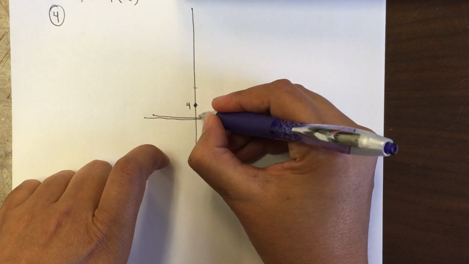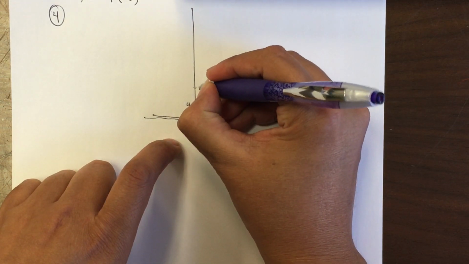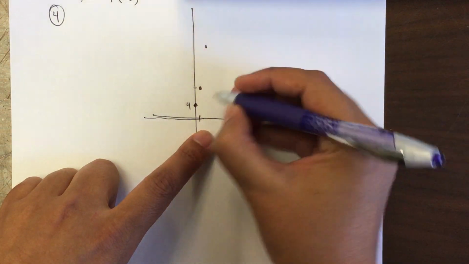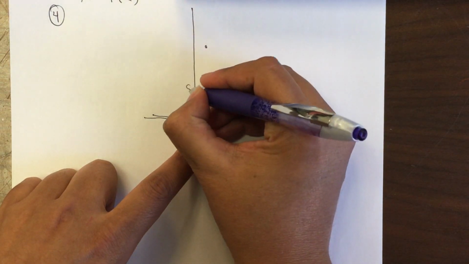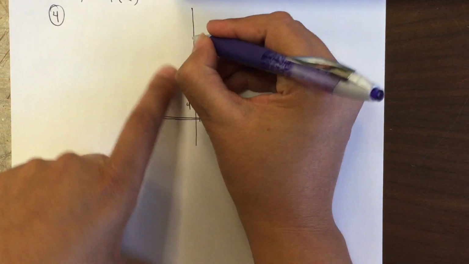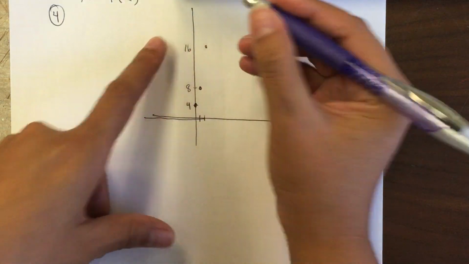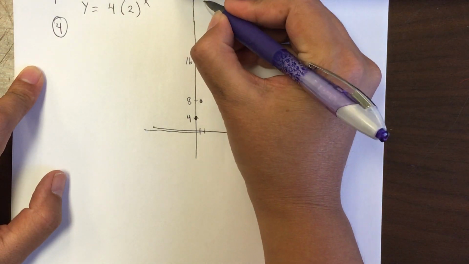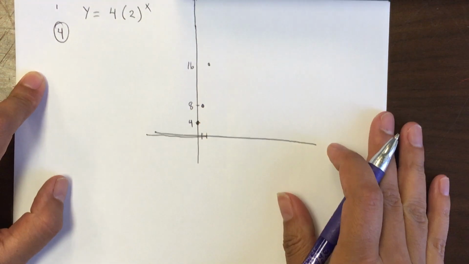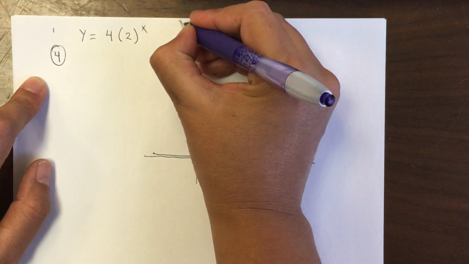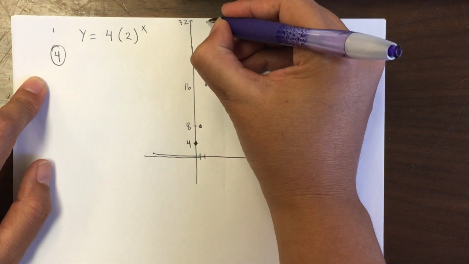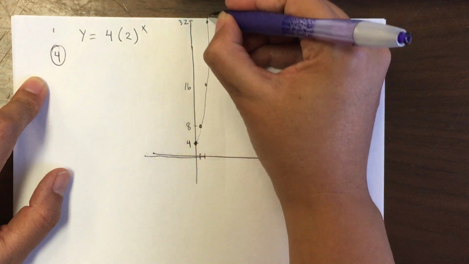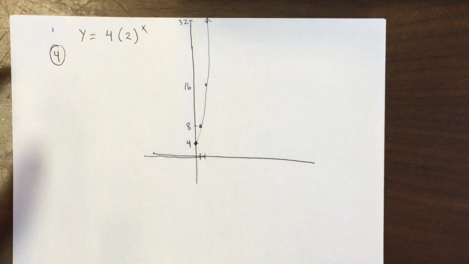It doubles every cycle. So double 4 is 8, double 8 is 16, and double the 16 will be 32. So maybe I can just include it in there, 32. Okay, so my original graph is right there.